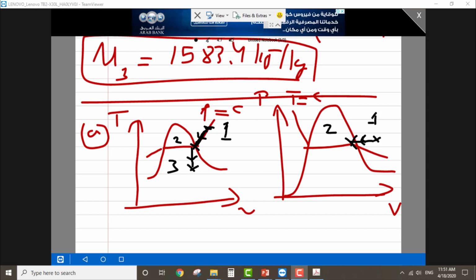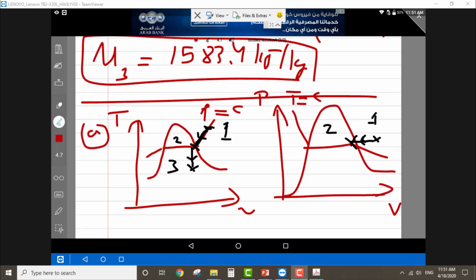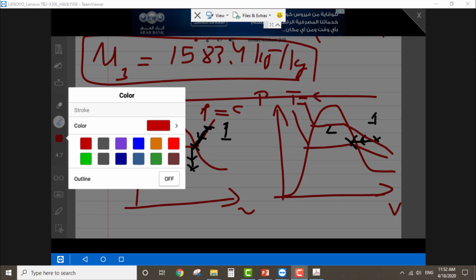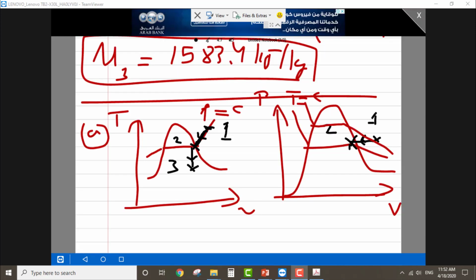If I want to draw another temperature line, as we go higher, the temperature will be higher. Now from state 2, we'll go straight down because this process happens at a constant volume, and we reach the mixture region. So this is the answer for the first part.